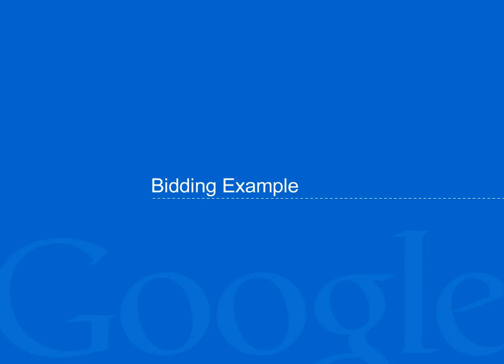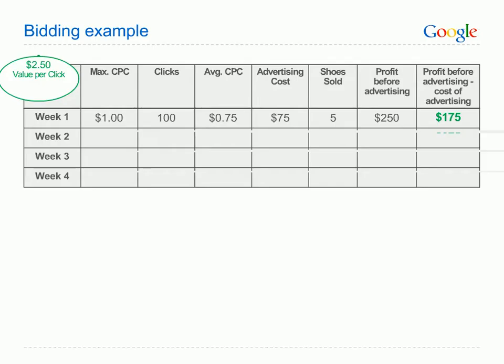Now, we're going to see how adjusting your bids can increase your profits. Let's look at some hypothetical results from the shoe ad group we've been discussing throughout this course. We already know our value per click is $2.50, so we'll start off by setting our max CPC bid to something lower than $2.50. In this case, we've set it to $1.